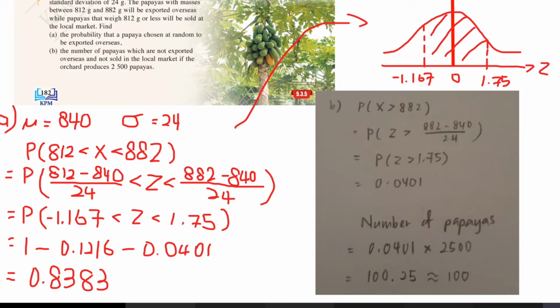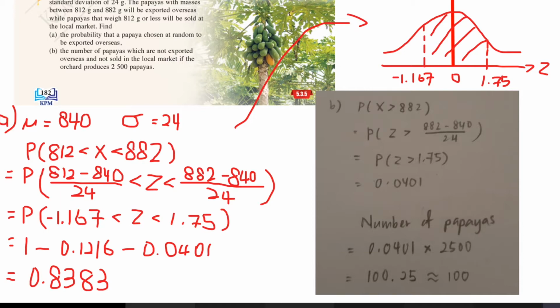So I find the z-scores are negative 1.167 and 1.75. So I use 1 minus the probability that z is smaller than negative 1.167 and bigger than 1.75. The final answer is 0.8383.